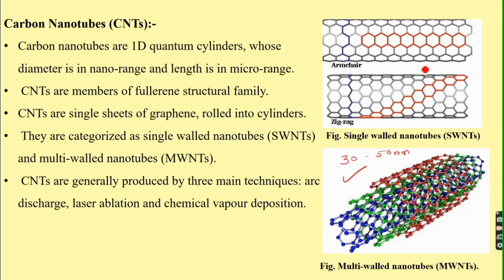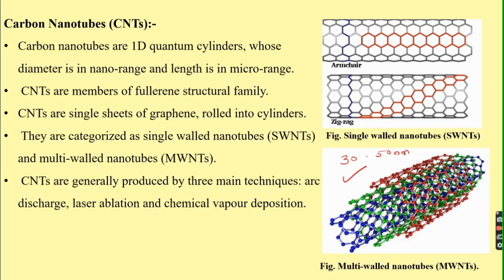and this one is a conductor one. The structure of CNT plays a significant role in their electronic, chemical, and physical properties. CNT is generally produced by three main techniques: the arc discharge technique, the laser ablation technique, or chemical vapor deposition.